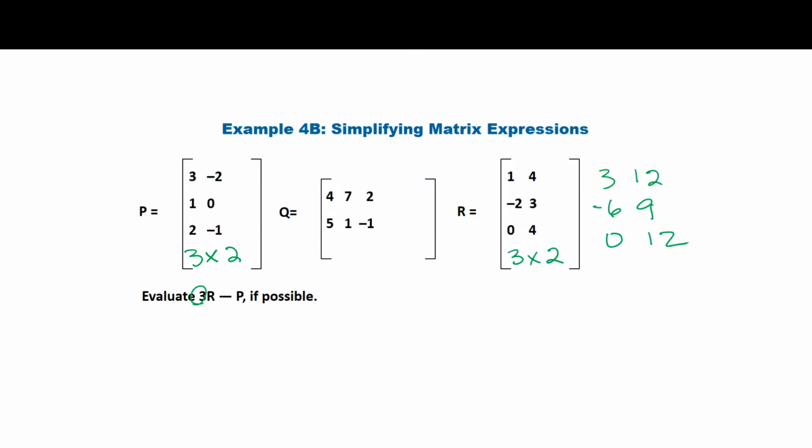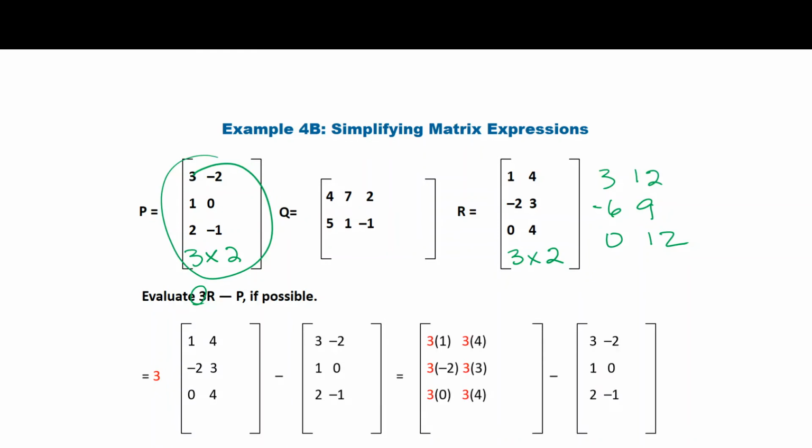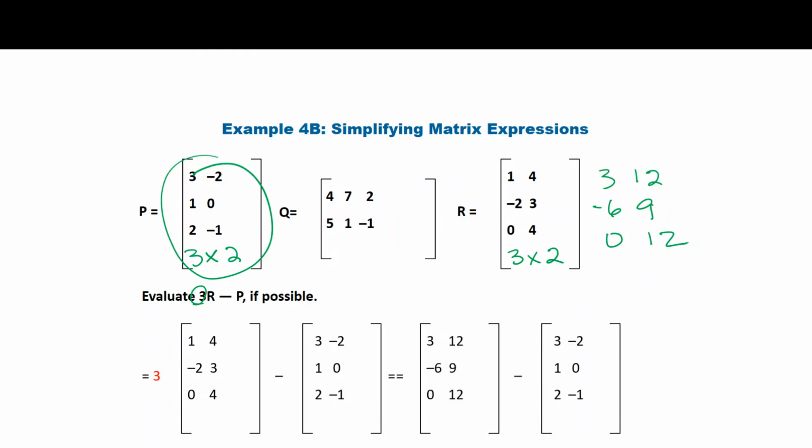And then we subtract P from it all, and I'll show it to you nice and neat. And here it is. Ends up being 3, 12, negative 6, 9, 0, 0, 12, 12. So here's our new matrix where we multiplied by 3, and then we subtract P, which is 3, negative 2.